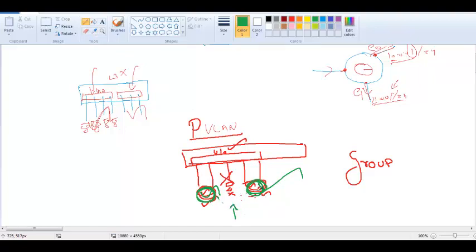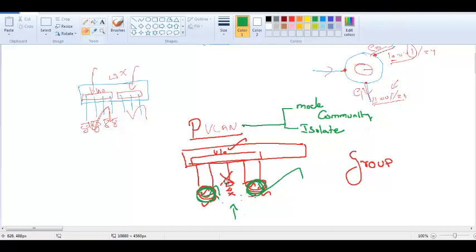Isolate. Sorry. Community mode. There is another mode called isolate mode. What does it mean?